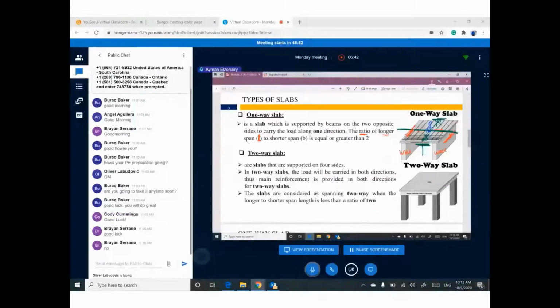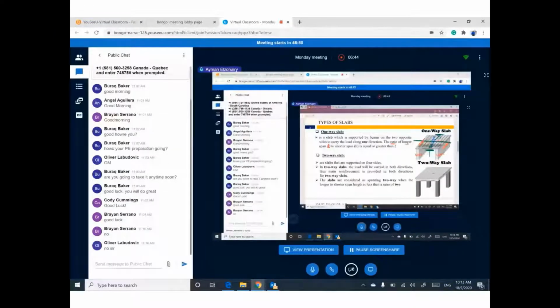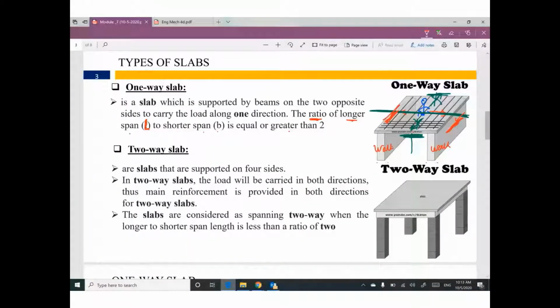Okay. The second type is called a two-way slab. Two-way means we have a beam here, another beam, a third beam, and a fourth beam. We must have four beams around the slab, and the longer to shorter span ratio is less than 2.